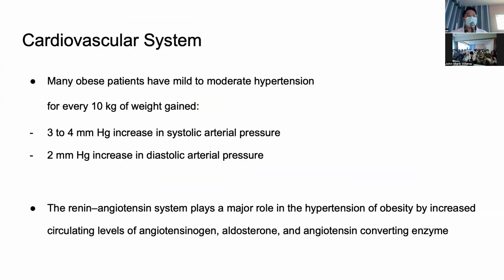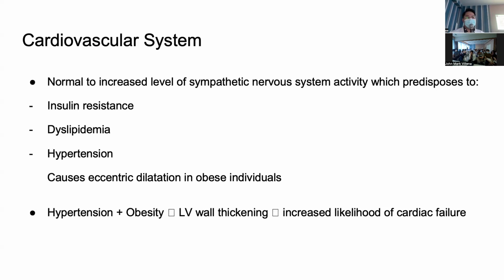Many obese patients have mild to moderate hypertension, and every 10 kilograms of weight gain can increase systolic arterial pressure by around 3 to 4 millimeters of mercury, and diastolic arterial pressure by 2 millimeters of mercury. The RAS plays a major role in hypertension in obesity because of increased levels of angiotensinogen, aldosterone, and angiotensin converting enzyme.